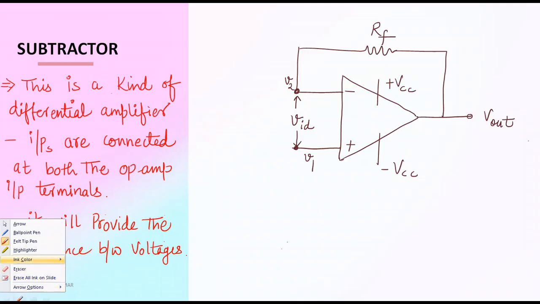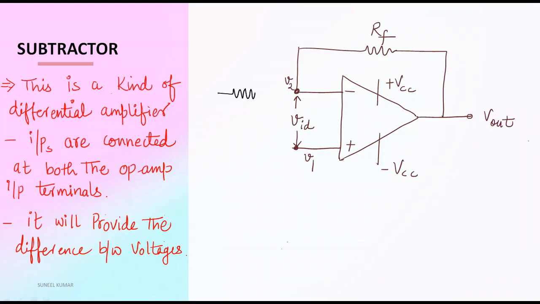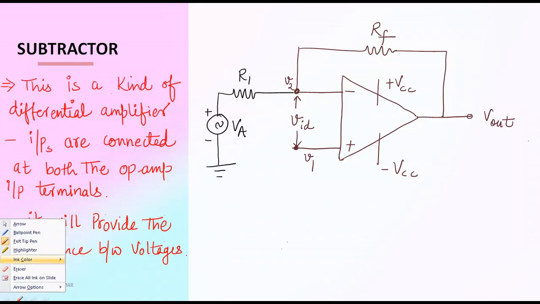So now we will connect resistances with voltage also. So here we have R1. This is R1 resistance and one voltage source, that is VA. This is plus, this terminal is minus. We have connected a VA source here with a series resistance R1, and in non-inverting terminal we can connect one resistance R3.